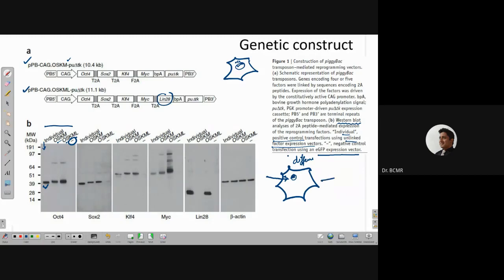And hopefully there is expression of OCT4. Okay, say for example. You should also remember that this cell also has the OCT4 gene, isn't it? Then how do you know if the OCT4 that is present in the cell is expressed from the transfected DNA or from the genome? We should be able to figure that out as well.